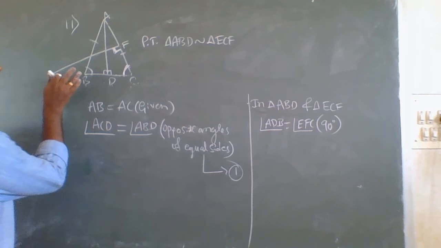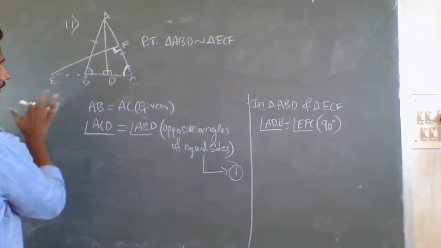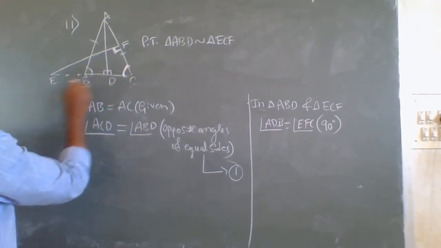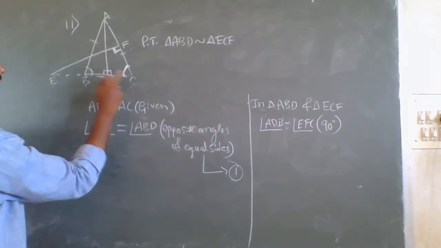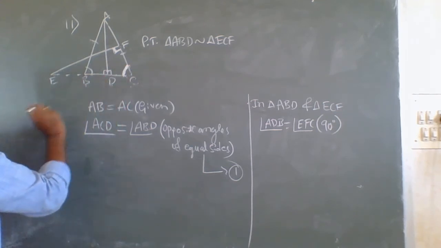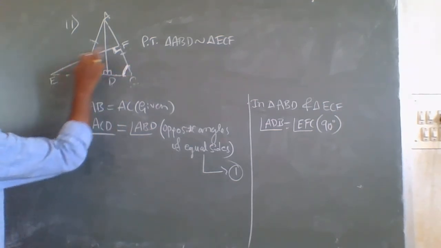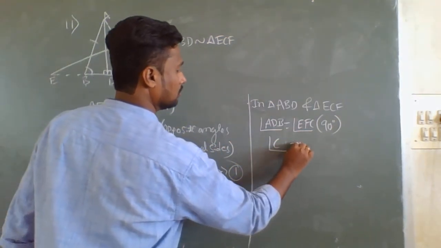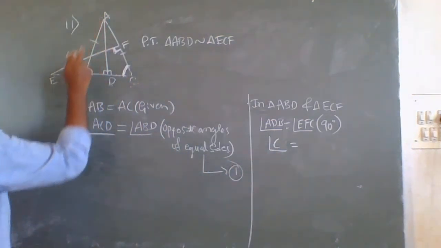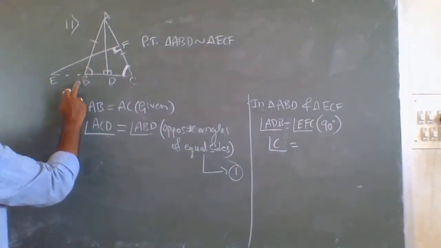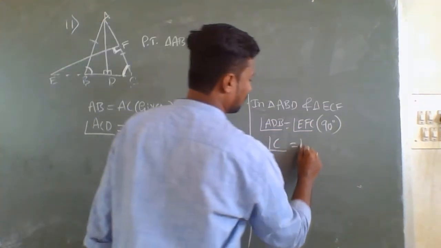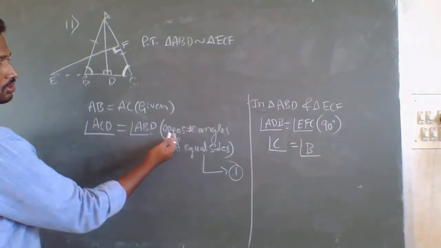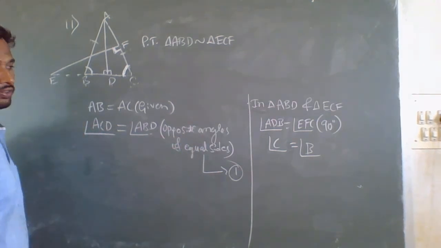See carefully, angle ACD means this angle only, which is an angle of triangle EFC. So I can write angle C is equal to angle ABD, which means angle B, because these two are opposite angles of equal sides.